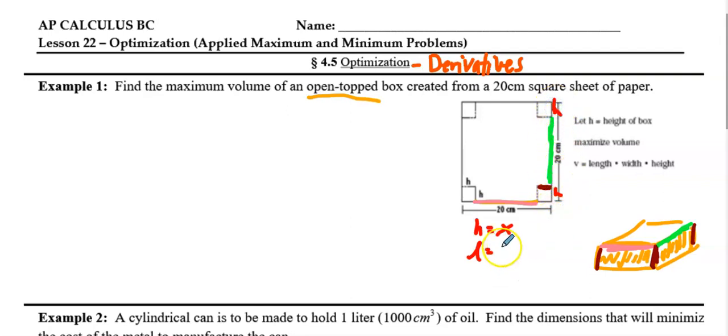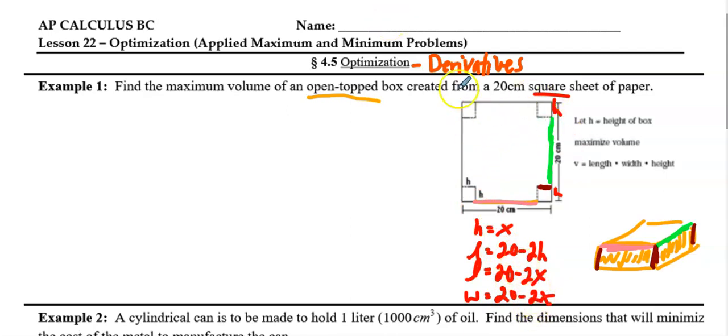So this length is going to be 20 minus 2h, which we now can just say is 20 minus 2x. And so the width is going to be this distance. Well, it's the same thing as this, right? We're looking at a square. So this is going to be 20 minus 2h, which again is going to be 20 minus 2x.